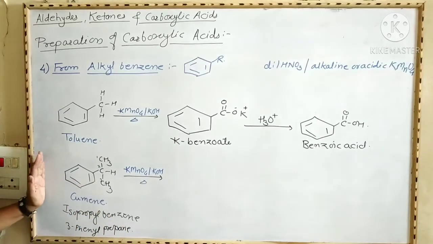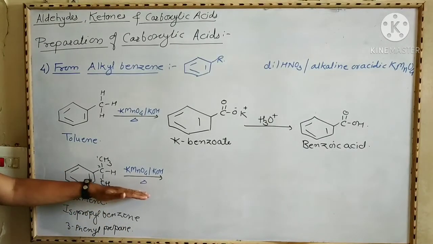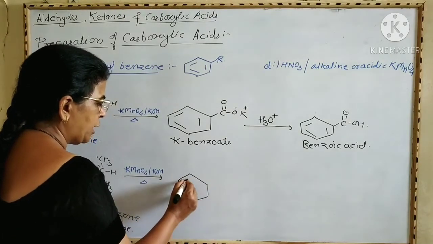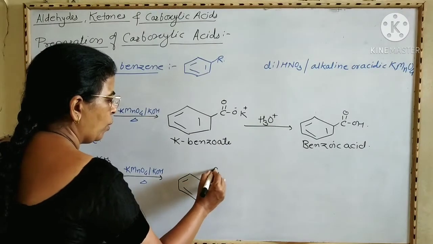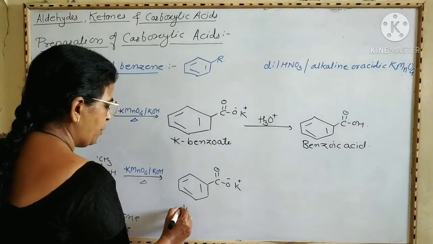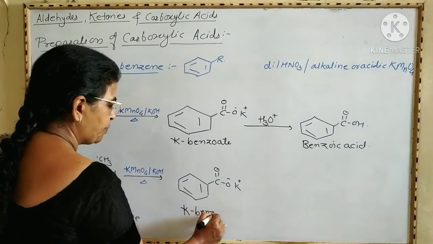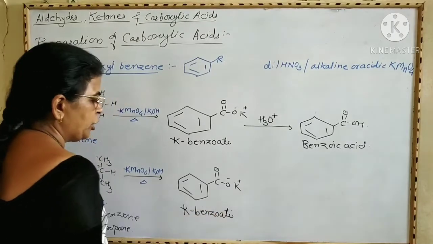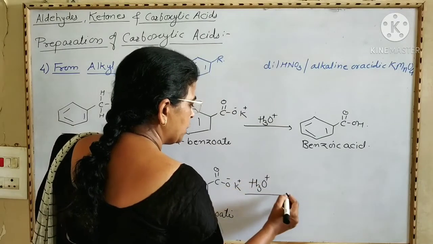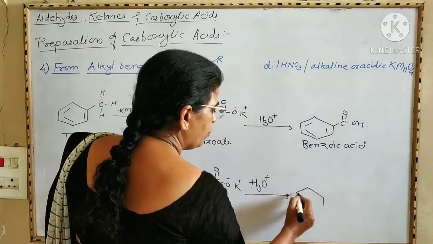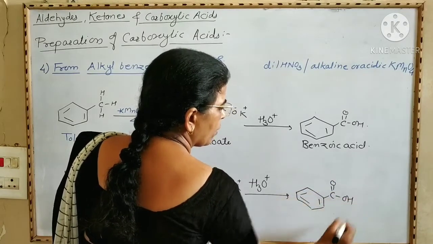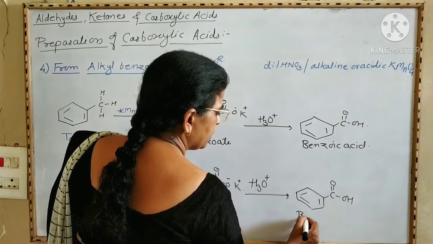When this cumene undergoes oxidation in presence of alkaline KMnO4, first potassium benzoate, COOK, is formed, and this potassium benzoate will undergo acid hydrolysis to form carboxylic acid. This is benzoic acid.